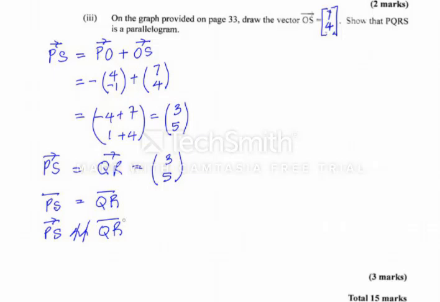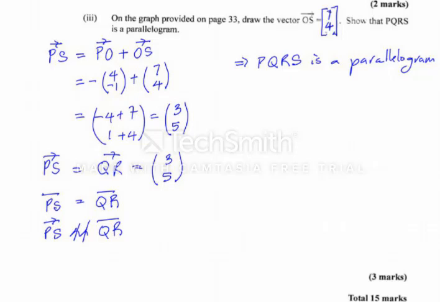So here we have two lines that are both equal and parallel, and they are on opposite sides of a quadrilateral. So quadrilateral PQRS is a parallelogram. How do we show that PQRS is a parallelogram?